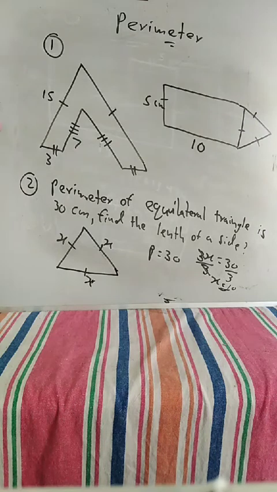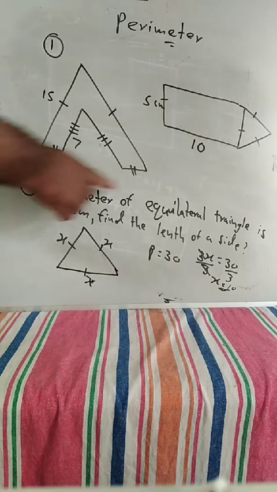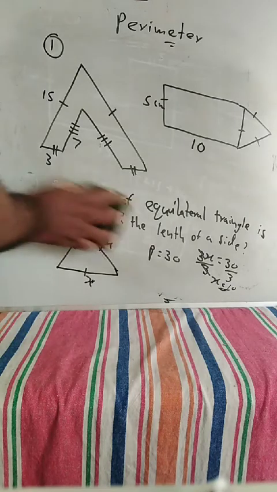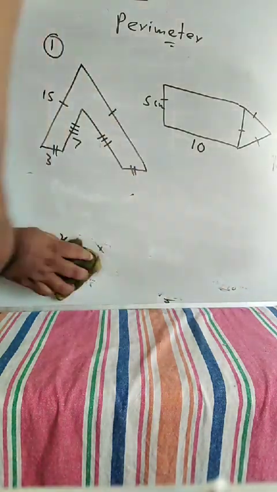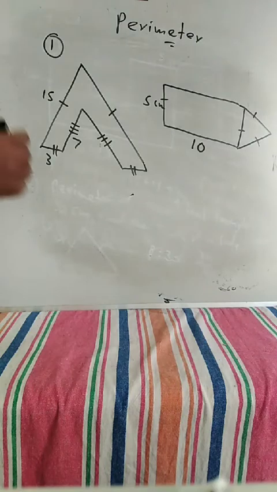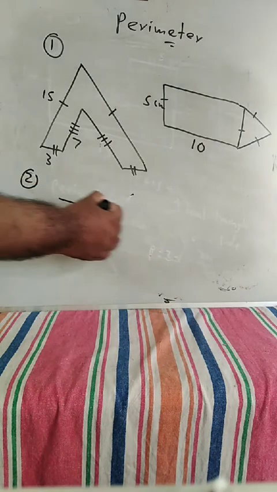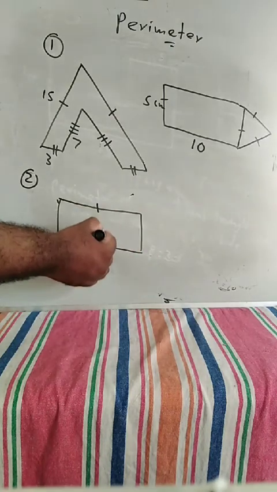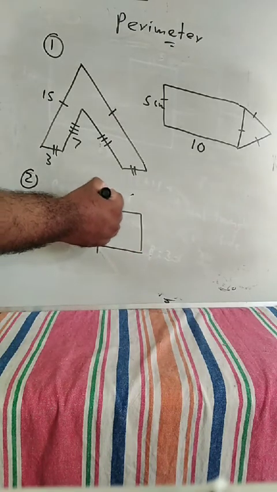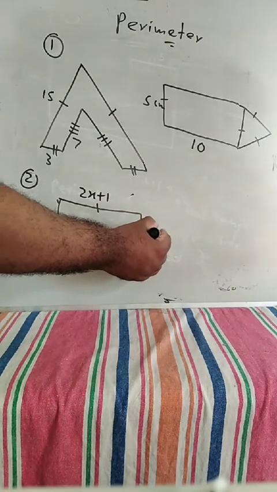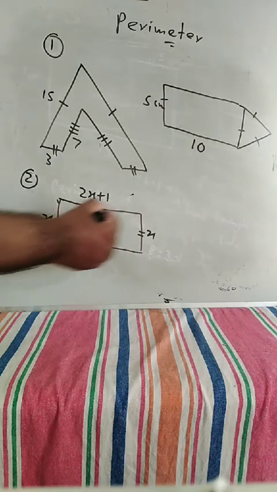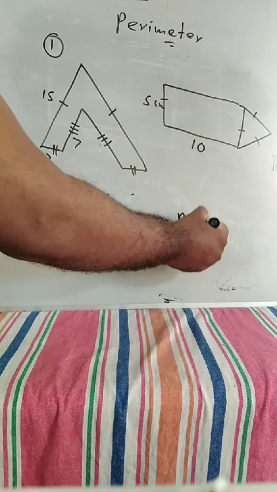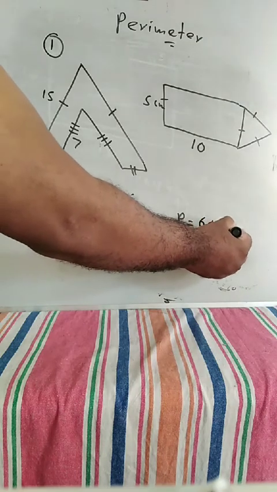Understand? Here no need to do the second one. Then another one. This is 2x plus 1. This is x. The perimeter of this is 64.